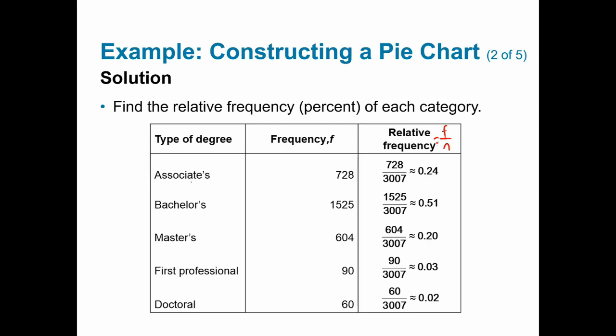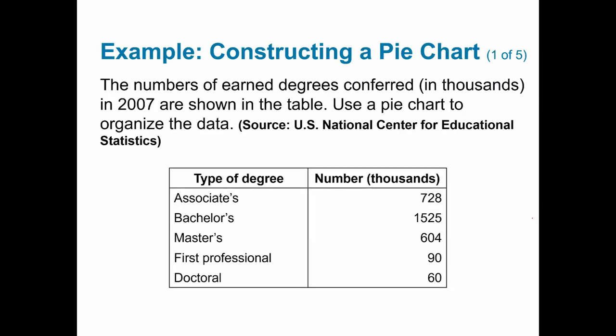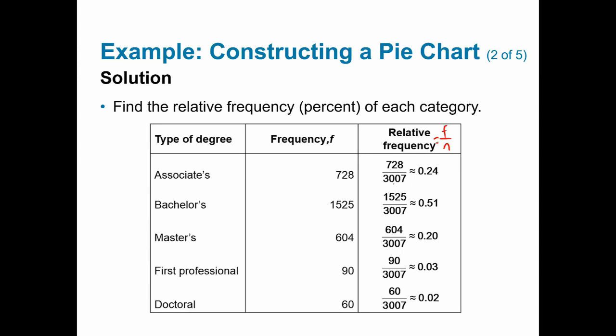For associate's degree in this case, we knew our frequency was 728, and we knew the sample size was 3,007 people, so our relative frequency was 728 over 3,007, which was approximately 0.24. You do that for all 5 of these degree types, finding the relative frequency.